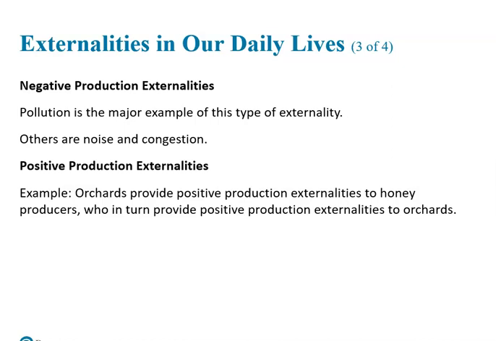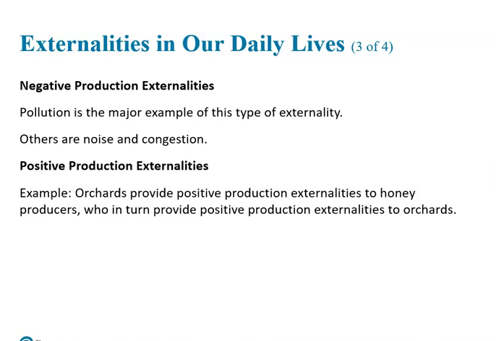An example is that orchards provide positive production externalities to honey producers. How does that work? Honey producers want the honeybees to produce honey, and the honeybees basically need flowers to produce honey.